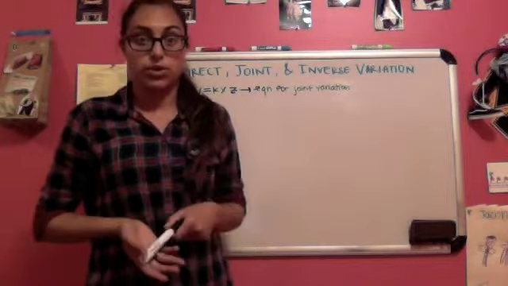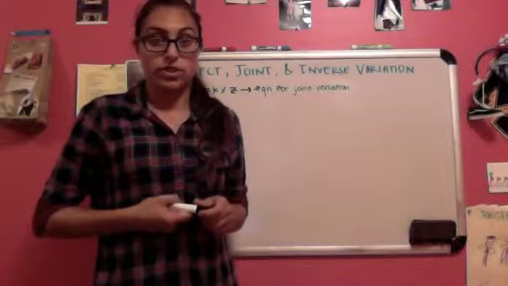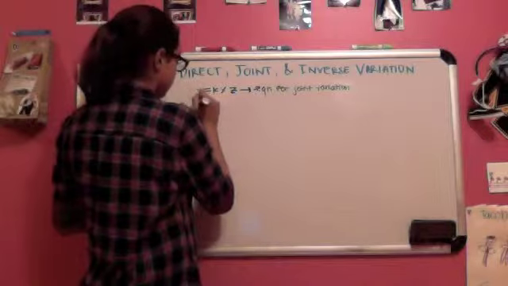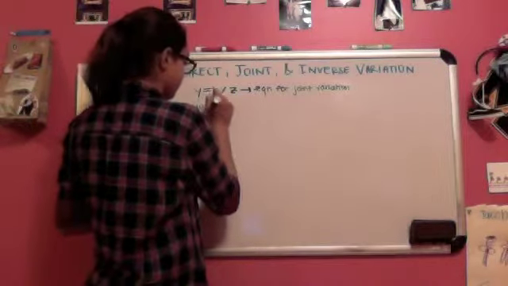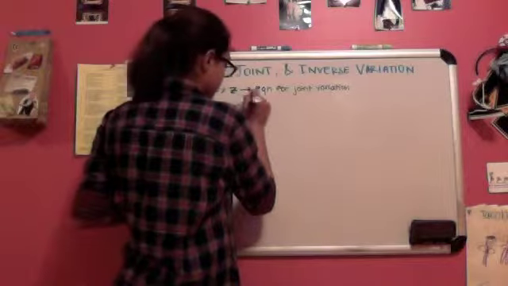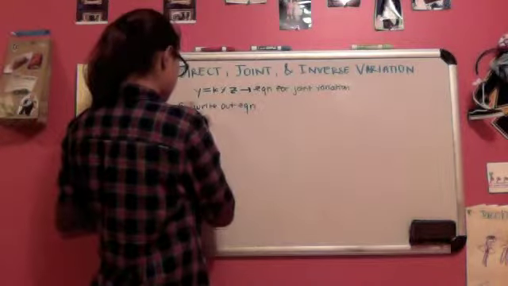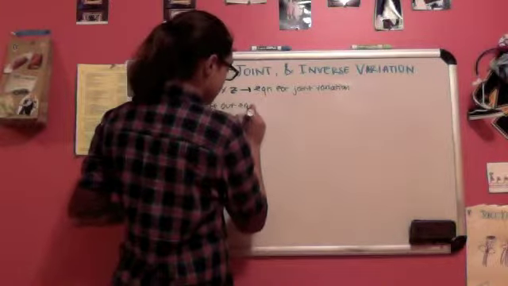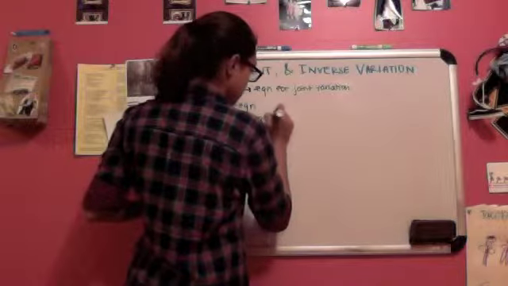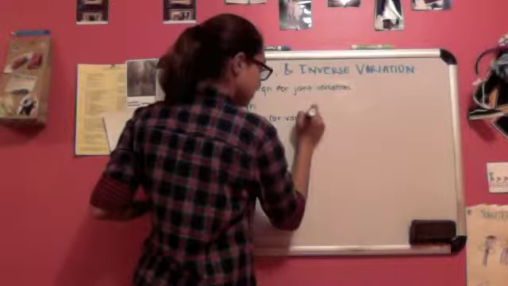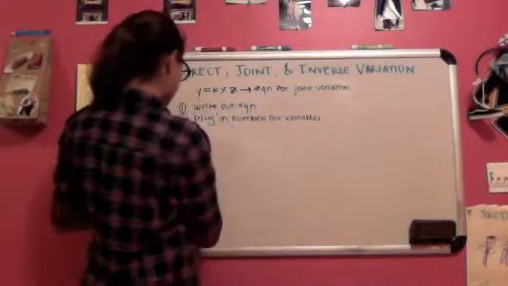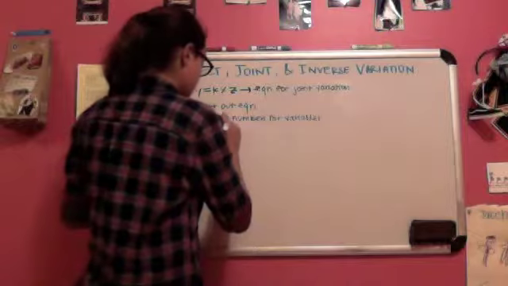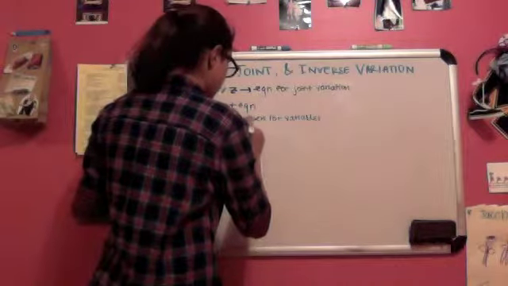So the steps to solve a joint variation type of problem are as follows. The first one is to write out the equation. Two is to plug numbers in for variables. The third step is to multiply the x and z.